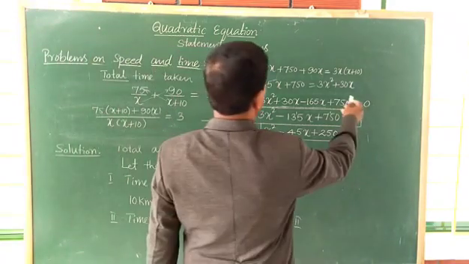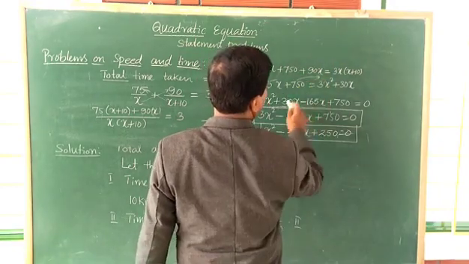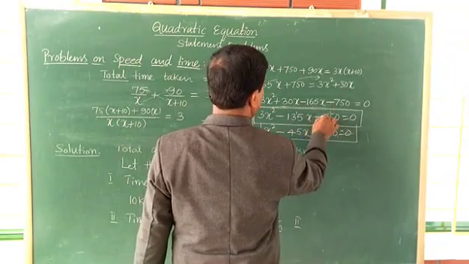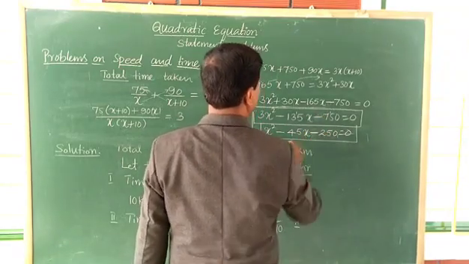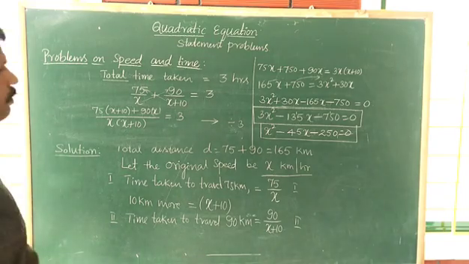And here is one thing. When we shift this to this side, it becomes minus. So here is minus, here is minus. So the product is this. So the two numbers are 50 and 5.